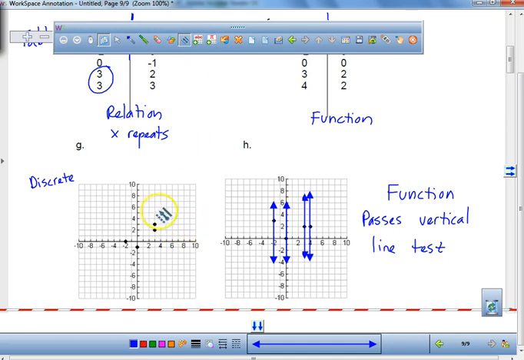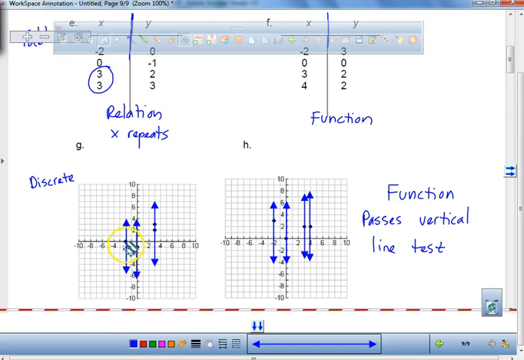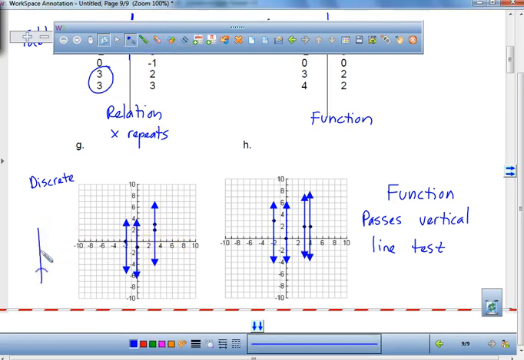Now go over here. Alright, does this point pass the vertical line? Yes. This one? Yes. How about this one? Yes. What about that right here? What X value?